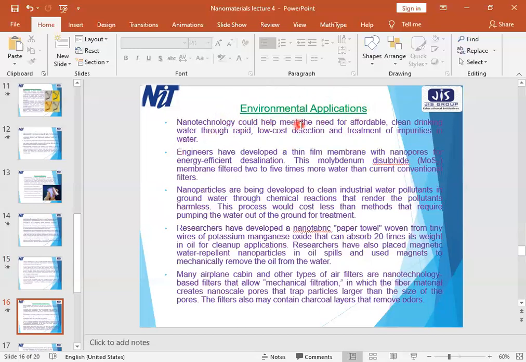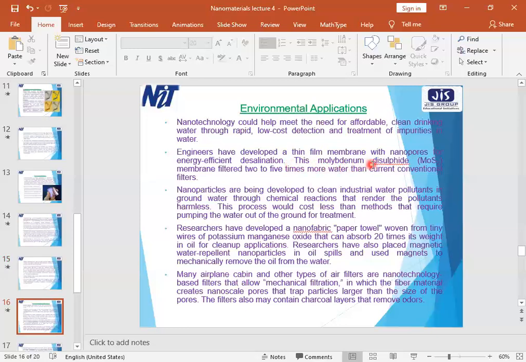Nanotechnology could help meet the need for affordable clean drinking water through rapid, low cost detection and treatment of impurities in water. This is a very good thing, that water can be treated with the help of nanomaterials. Engineers have developed a thin film membrane with nanopores for energy efficient desalination.